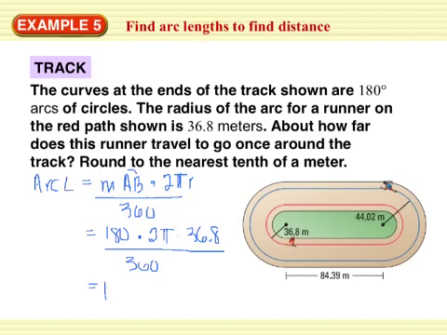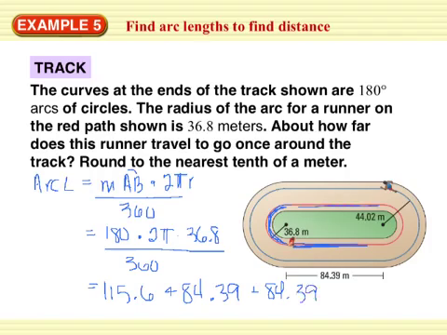And I get 115.6. So this distance right here is 115.6 plus 84.39 right there, plus 84.39, which is right there, plus 115.6, which is right there.